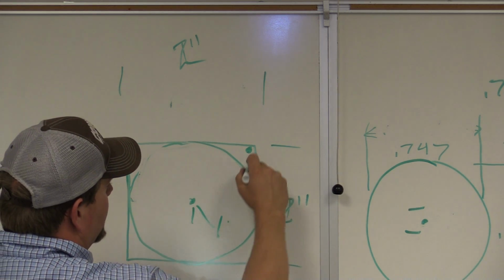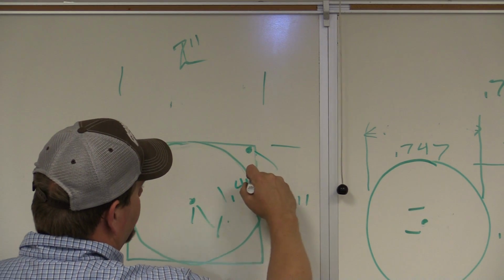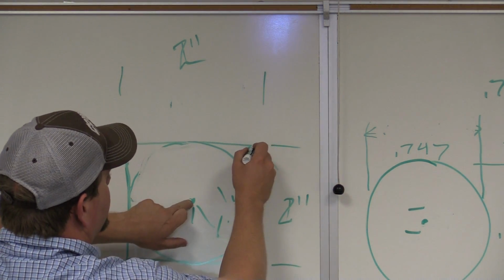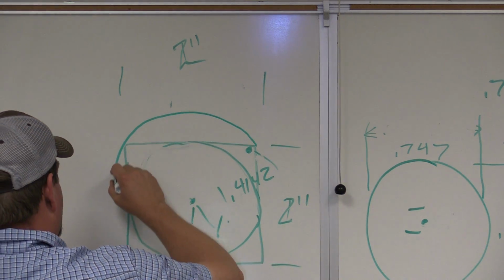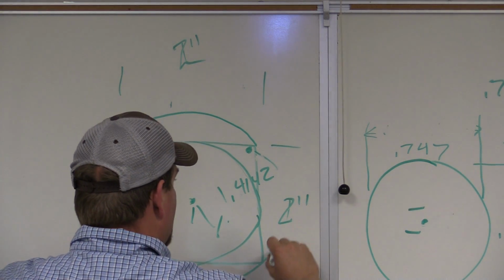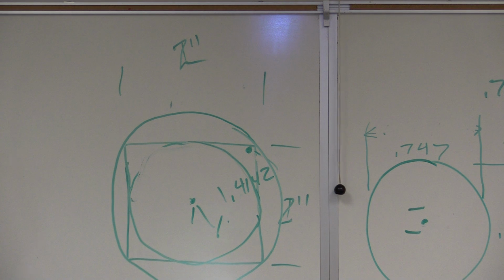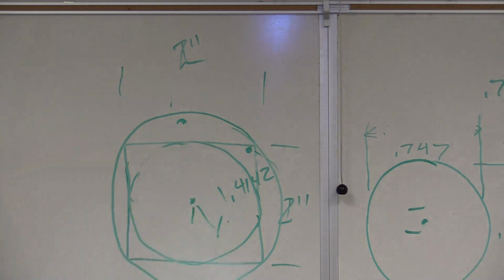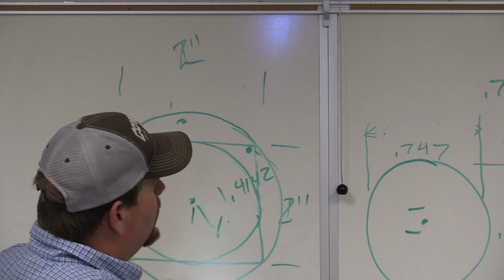This dimension from here to here is going to be 1.4142. So what happens if we were to make this direction? That's a different circle, correct? However, we are technically in spec if we would be out here on a round tolerance level, versus the square one is not.